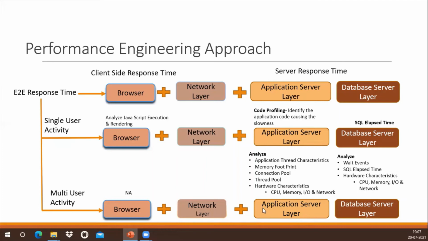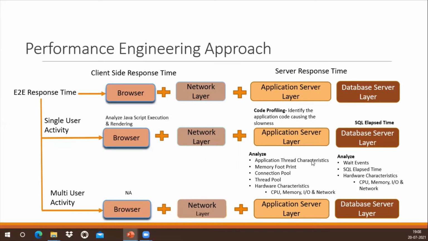Next is the application server. During the execution, if you find response time goes high with increase in the user load, or the server is not responding, the server crashed, or many other issues, we can start with understanding application threads. What exactly are the application threads doing?